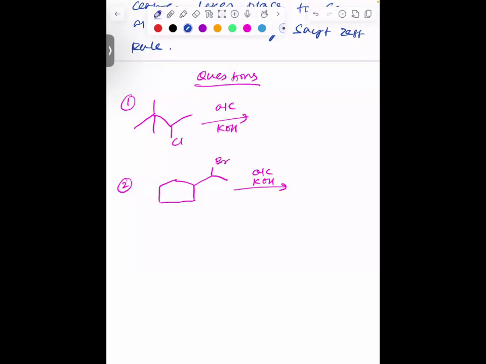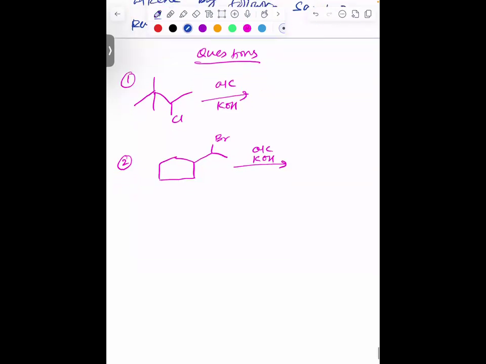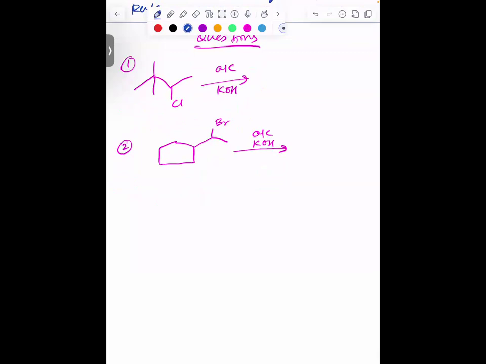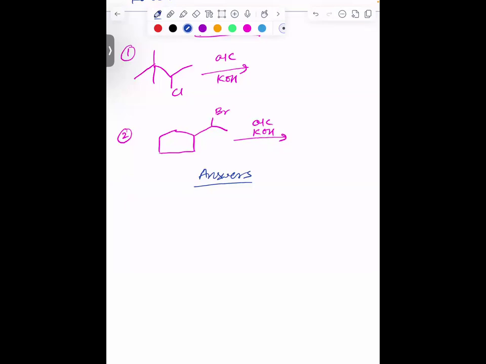Okay, now we are going to discuss the first one. In step one, by the action of polar protic solvent, the carbocation is this.